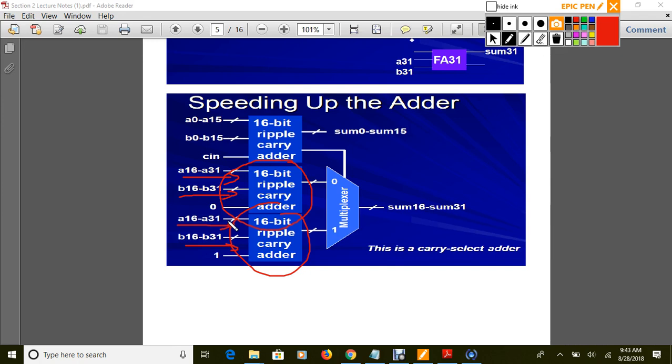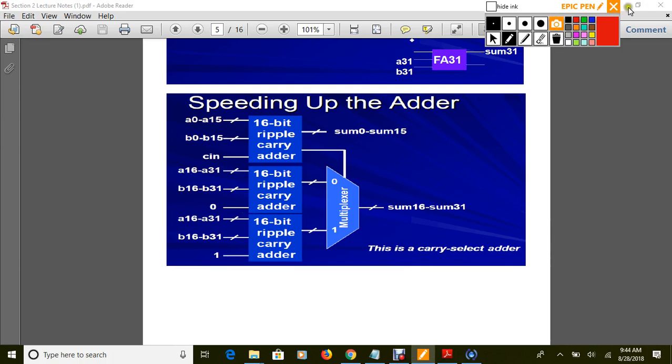So since I know that it has to be 0 or 1, I perform the calculation in this 16-bit ripple carry adder where the carry in is 0. I take this one where the carry in is 1. And I'm able to say, all right, if it's carry in 0, I know the result must be this. If the carry in is 1, I know the result must be this.